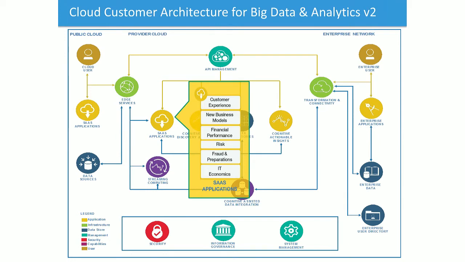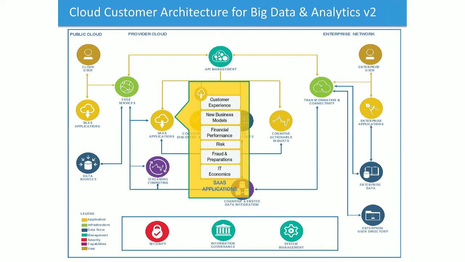Let's move to the next one, which is the SaaS application on the provider network. Now, in contrast to the SaaS application in the public cloud, this set of SaaS applications on the private cloud looks more like the enterprise applications. Okay, so because the private provider cloud, it's a secure environment.